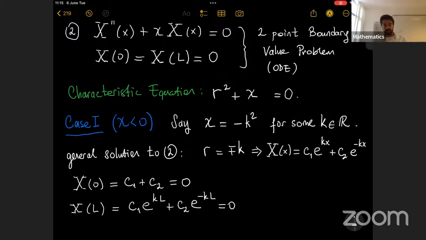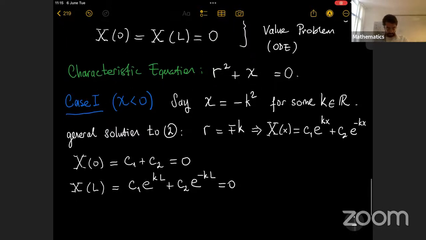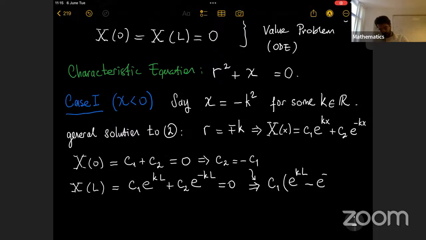From this, let's try to find c1 and c2. This implies c2 is equal to minus c1. Let's put this back in here. We can take c1 out of parentheses: e to the kL minus e to the minus kL is equal to 0.